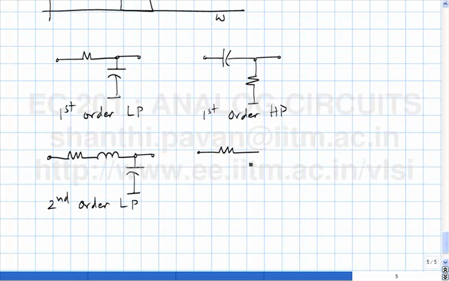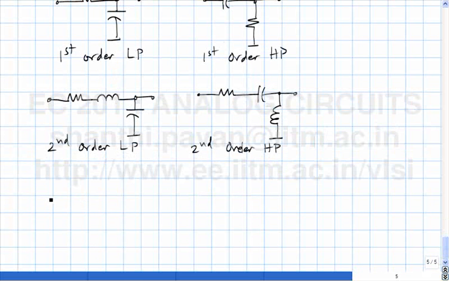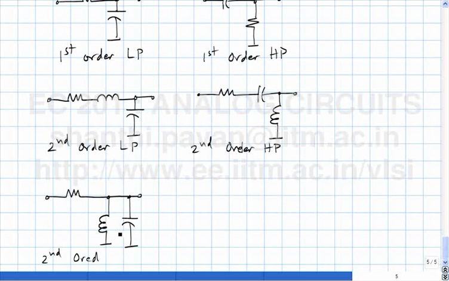Okay, what should I do to make it a high pass? This is a second order high pass. What about second order band pass? We've already seen it just now. And if I want to do a second order band stop, what would I do?